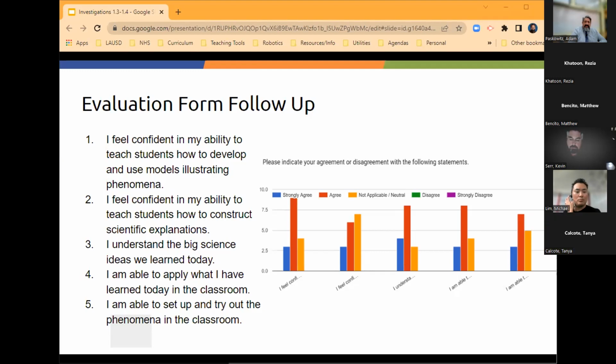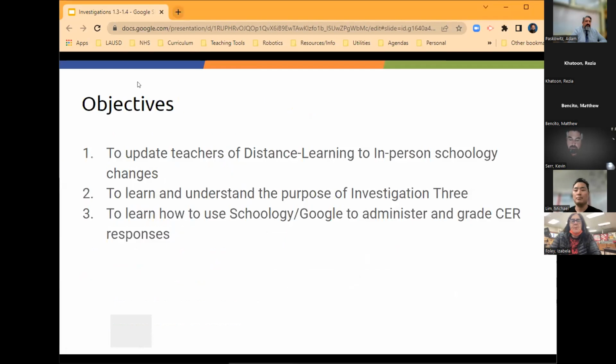So that said, let's look at our website. Oops. Actually, let's continue through that. So our objectives today are to continue this transition from distance learning to in-person learning, because we did a lot of stuff to support distance learning, and now we have to come back to just using Schoology with students, doing a blended classroom model.